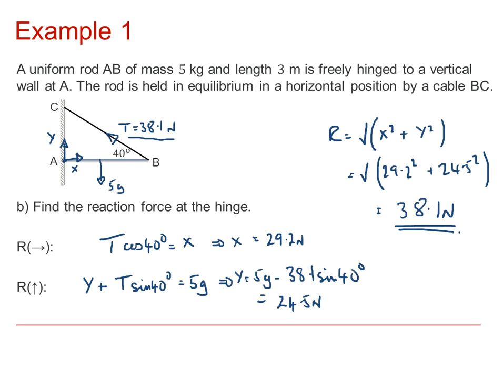However, there are other ways of completing this question. One way would be to say, instead of considering the reaction force as two components, we could consider it as a single force R. Because there are only three forces acting on the bar, these three forces must act through this single point here, so that we have a reaction force which must be equal to the tension, because then we have an isosceles triangle.